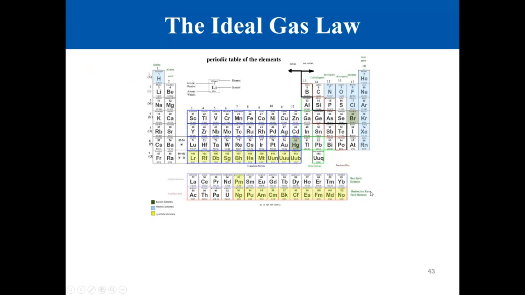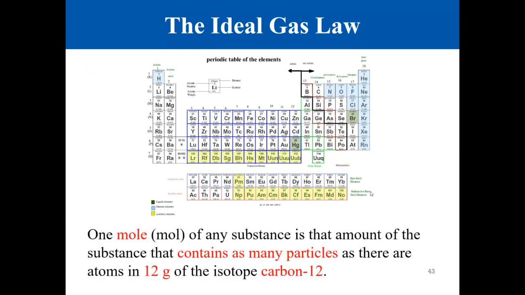We see here in the periodic table all kinds of elements, including gases. When we describe elements, most of the time we need the molar weight for the substance, and usually we take carbon as a reference. Carbon 12 has a molar mass of 12 grams.